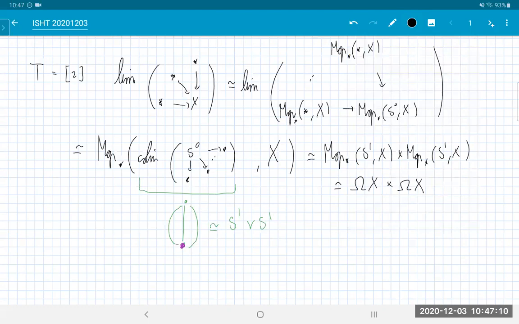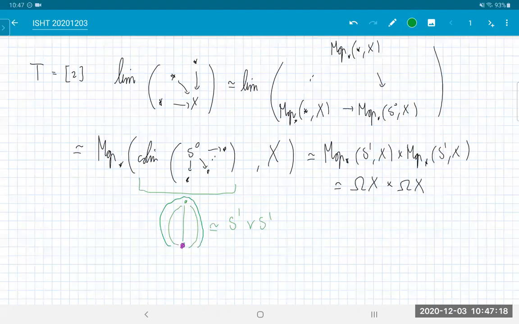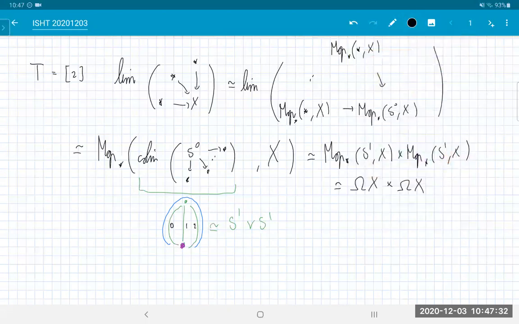And in fact, you can see that the multiplication map, which corresponds to restricting along this exterior thing, discarding the 1. These are labeled by the elements of T, so it will go by 0, 1, and 2. Discarding the 1 corresponds exactly to the composition of loops. Under this homeomorphism, this gives you exactly the map from S^1 to S^1 wedge S^1, and that's the composition of loops.